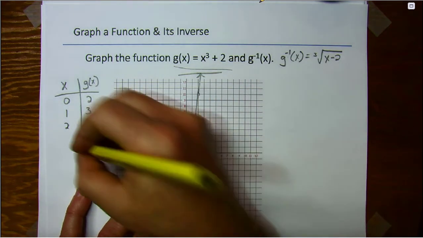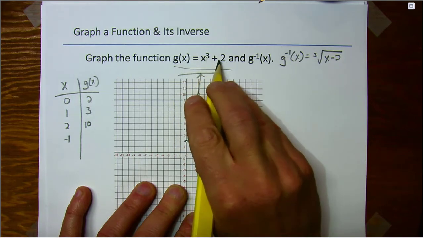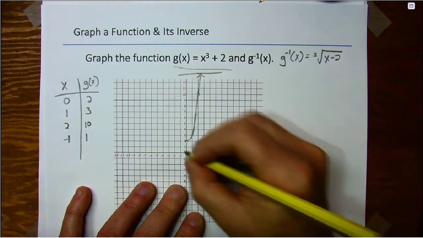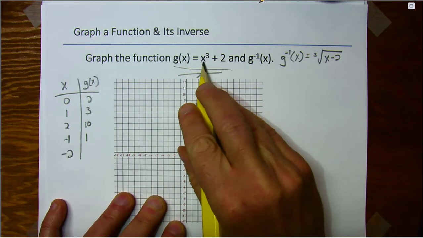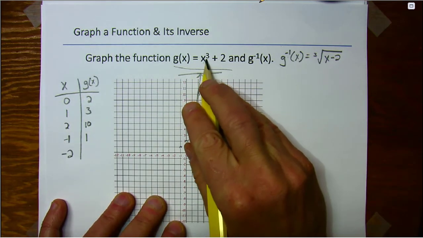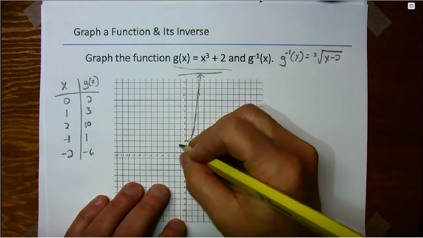But we can plug in negative values as well. If we plug in -1, we get -1 cubed, which is -1, plus 2 is 1. And if we go back to -2, we get -2 cubed, that's -8, plus 2 is -6. You can verify all those inputs and outputs.